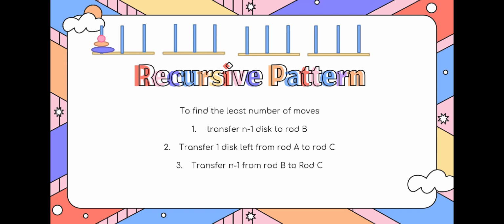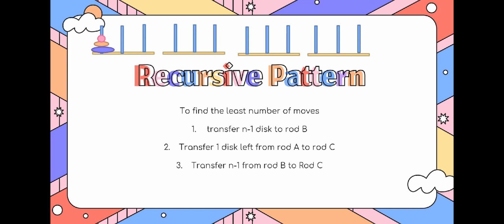In order to find the least number of moves, first thing you do, transfer n-1 discs to rod B. As you can see in the upper part of our presentation, we have 3 discs. So 3 minus 1 is 2.